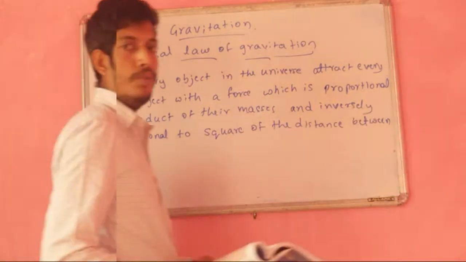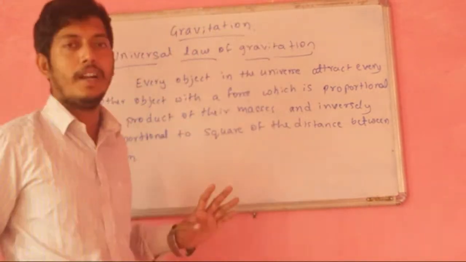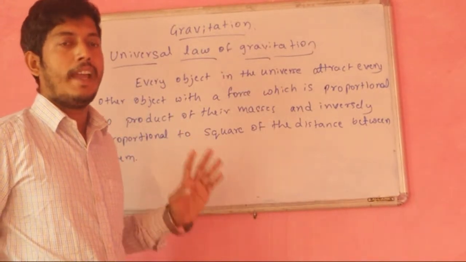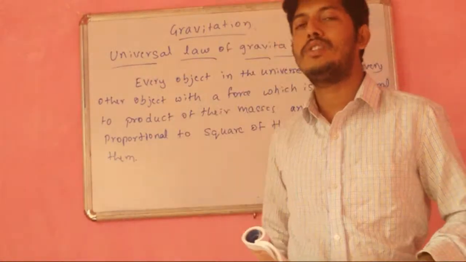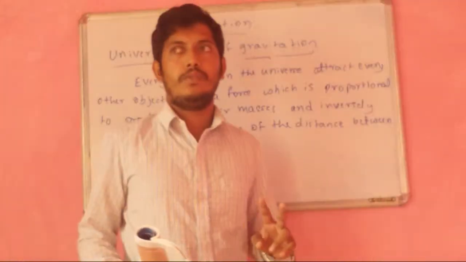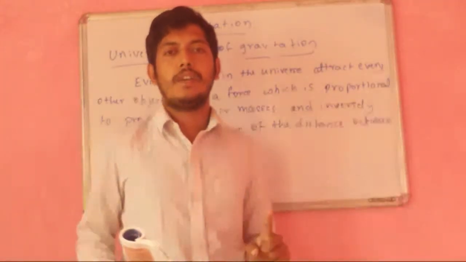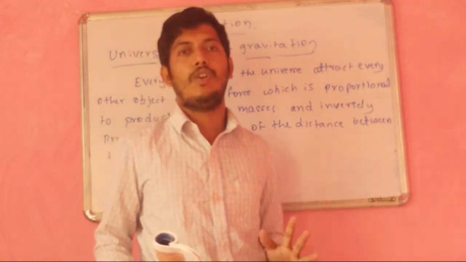Now we have to divide this statement into two parts to get the expression for force. In the previous chapter, that is force and laws of motion, we have one expression, that is F equals ma. That is the mathematical statement of Newton's second law of motion.